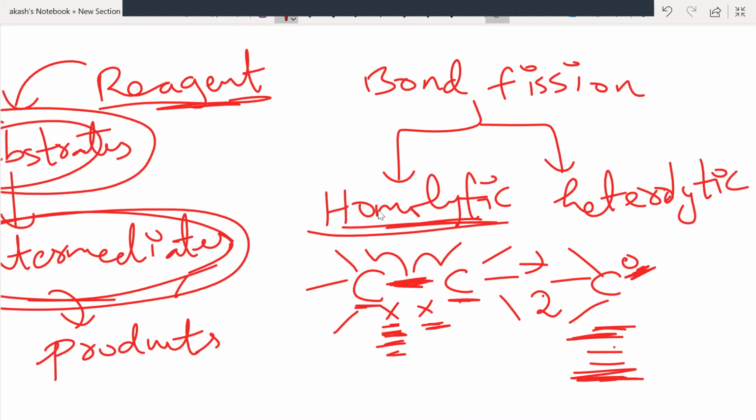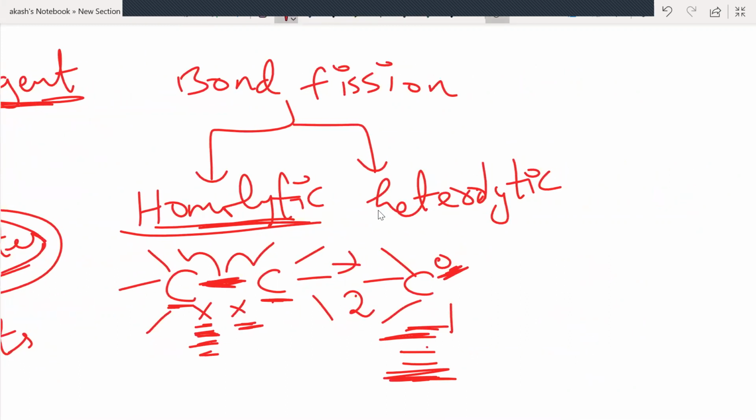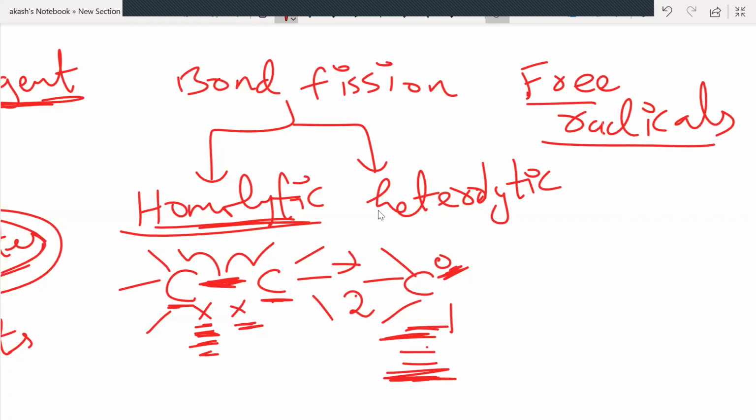So these kinds of structures are what are called free radicals, or in general they are called radicals.